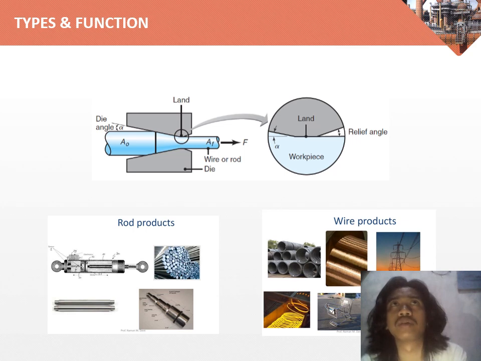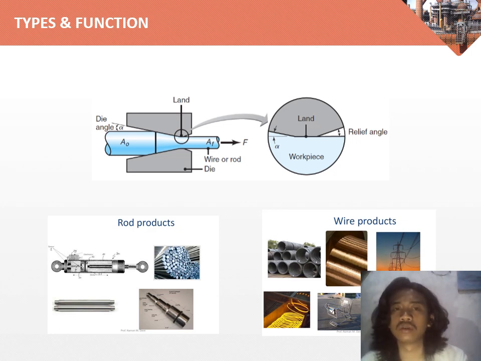As I mentioned before, the drawing process can be used for metal, plastic, and aluminum, but the common materials used for drawing are steels, copper alloys, and aluminum alloys.